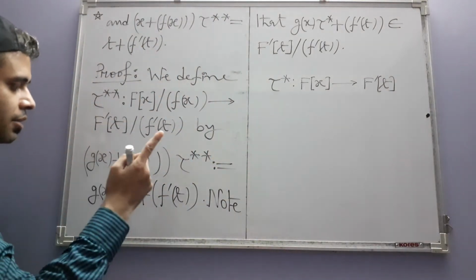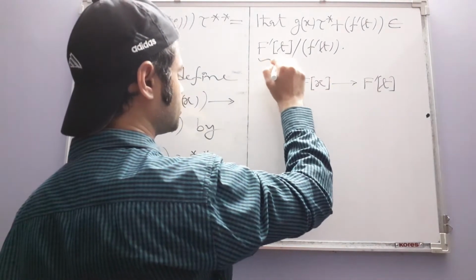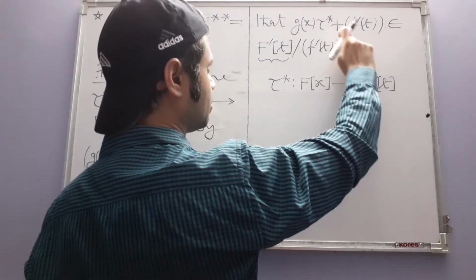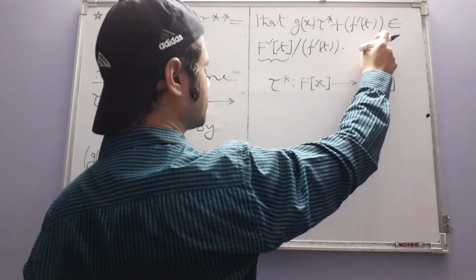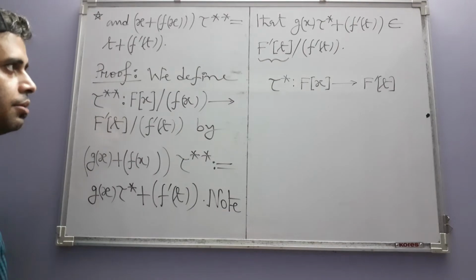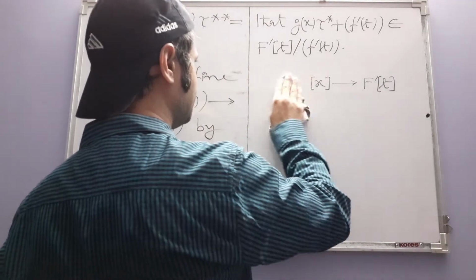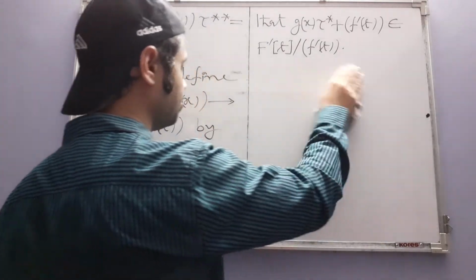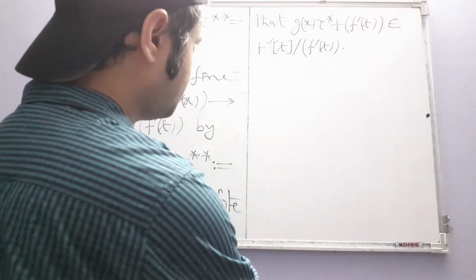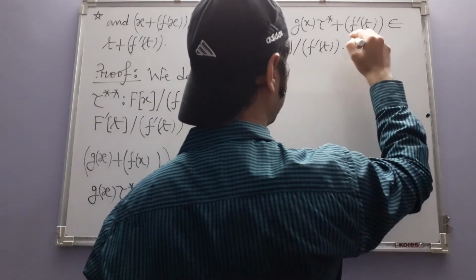So g(x) is coming from F[x], so tau star g(x) belongs to F'[t], and that is why this is a coset of this principal ideal by an element coming from here. So this belongs to this set. It's nothing much. It's just a simple observation, and we are not even going to explicitly mention all these things. It's almost obvious. But now we come to the main thing. We need to now show that this image is unique.